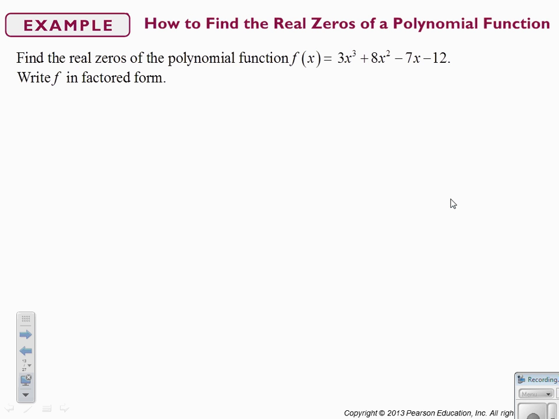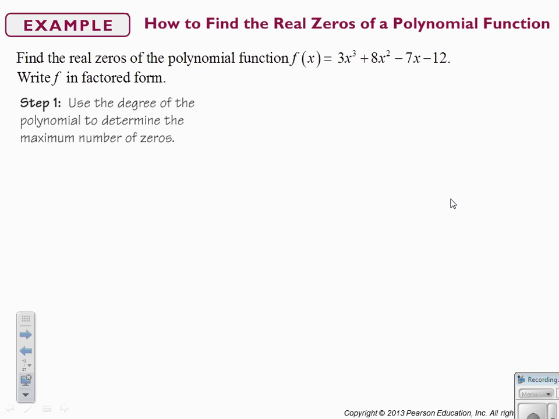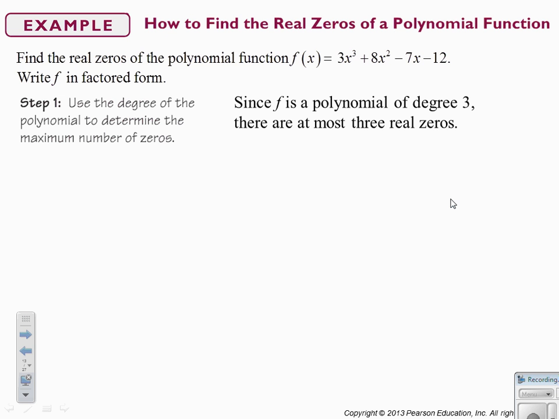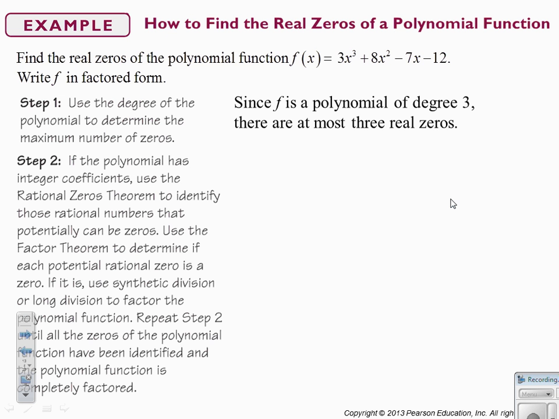So we need to factor our polynomial if it's possible. We're going to use the degree of the polynomial to determine the maximum number of zeros. Third degree polynomial, maximum number of zeros is 3. There are at most 3 real zeros.